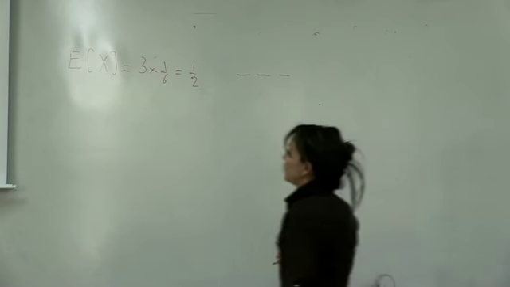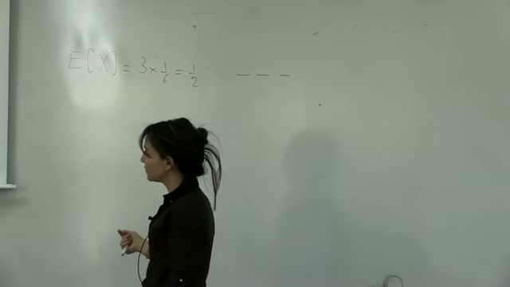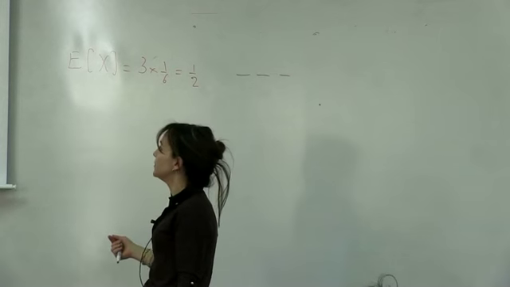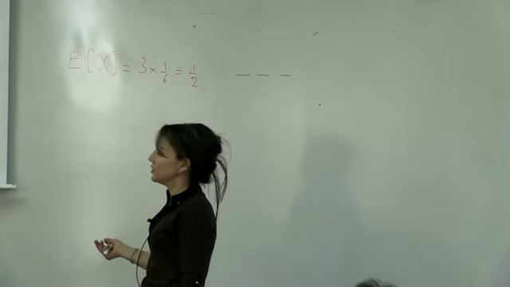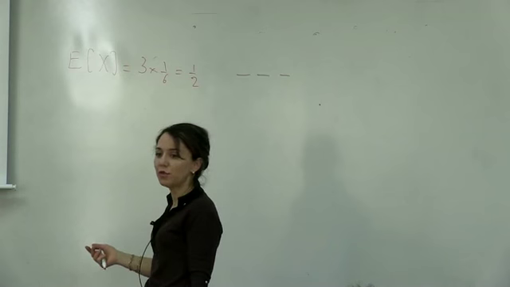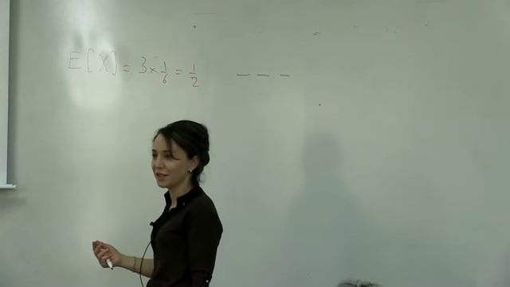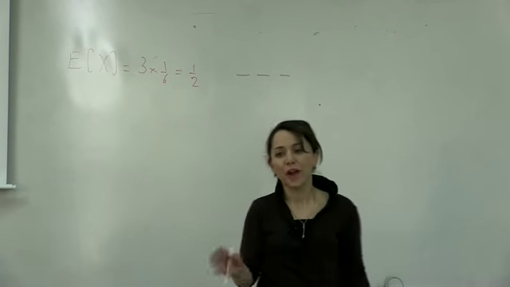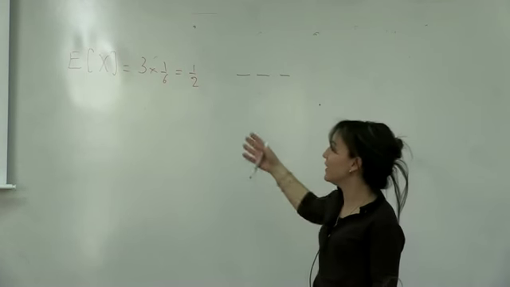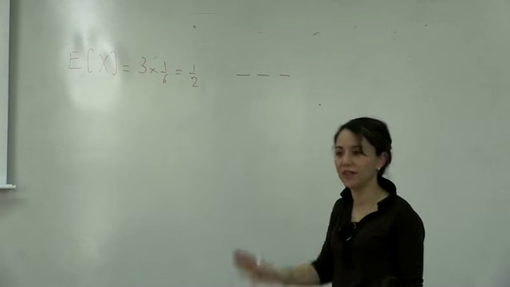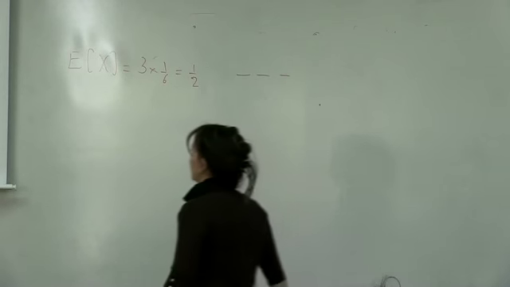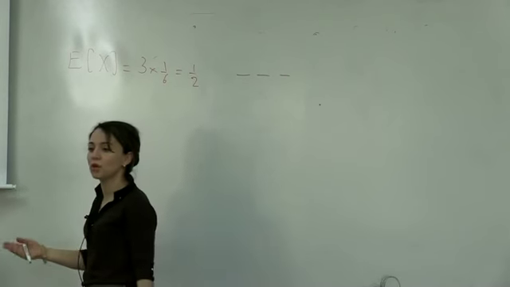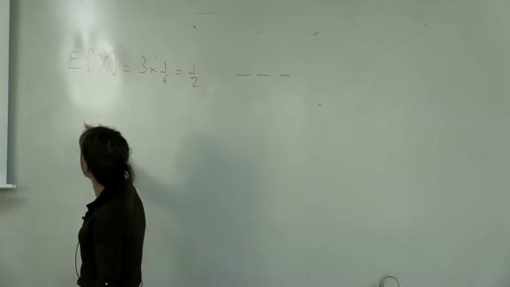So what I'm going to do is condition on the total number of 1s that I get. This is by no means a practical way of arriving at the expectation of X. It's just an example for demonstrating the use of iterated expectations.